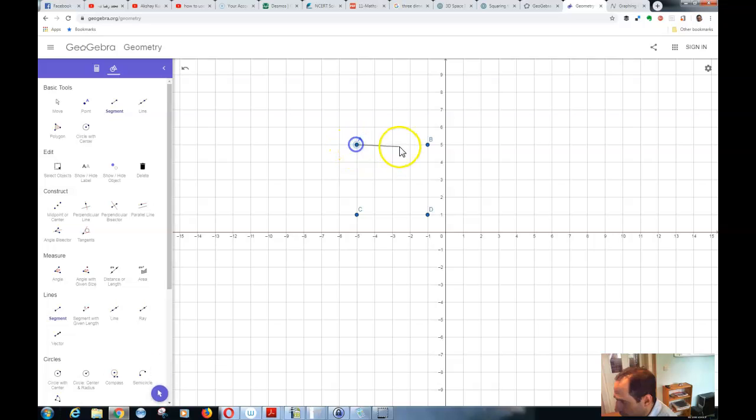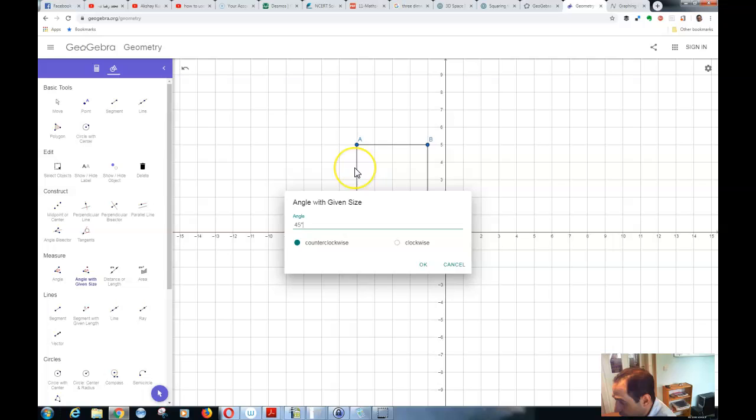And then you can create a line segment like this and like that, and then you can go and measure the angle over here. You can measure angle with given size, clockwise, counterclockwise.